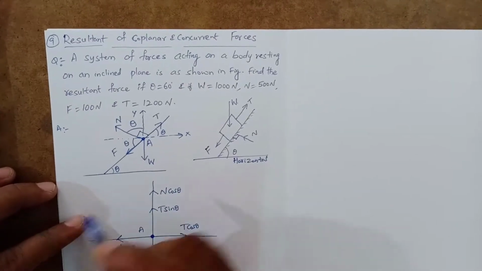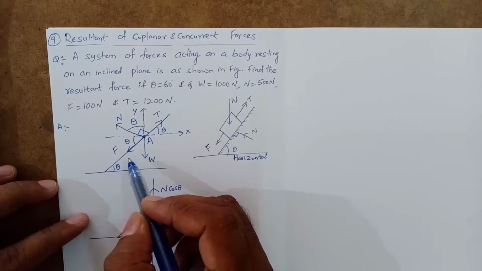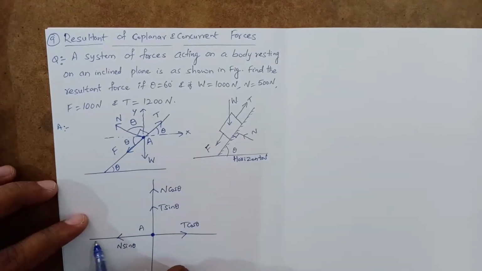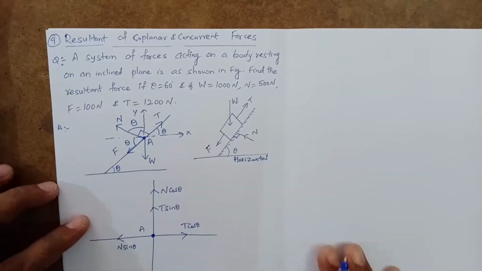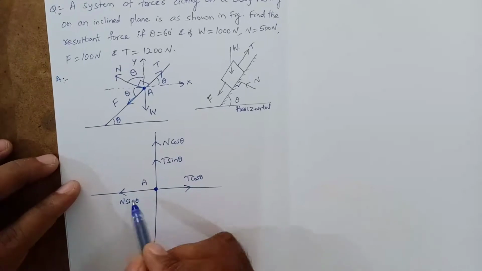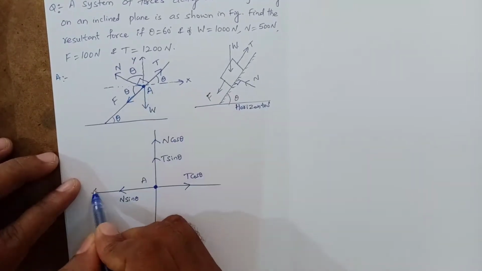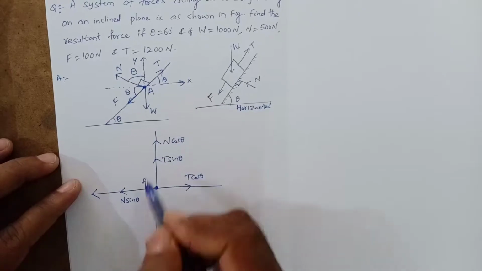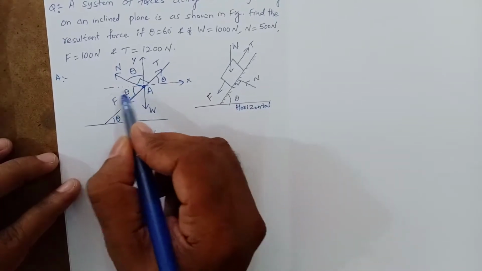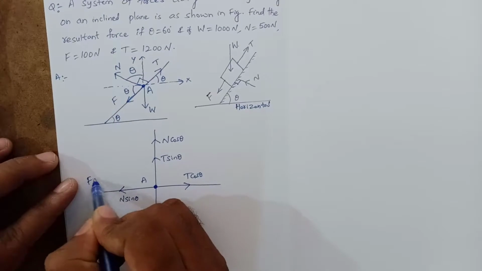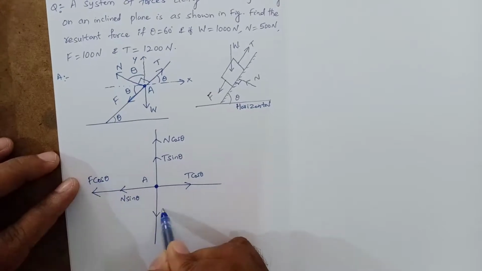Now coming to this force F, it is in the third quadrant, so two components are, one is this, other is this, and this F is acting away from point A, so both the component directions are also away. This F is making an angle theta with this component, it will become cos, so this is F cos theta and this is F sin theta.